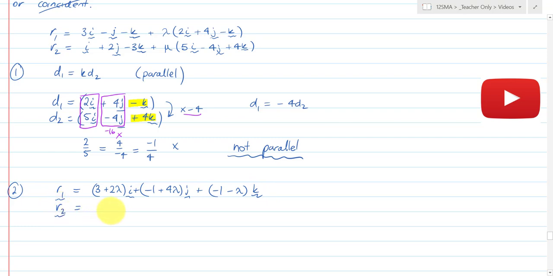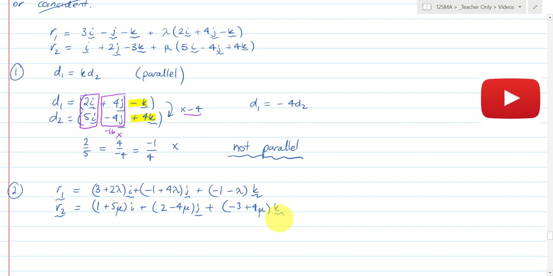And R2, which is also a vector, is 1 plus 5 mu I plus 2 minus 4 mu j plus negative 3 plus 4 mu k.